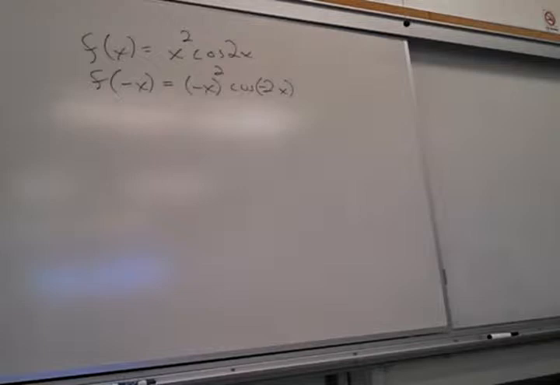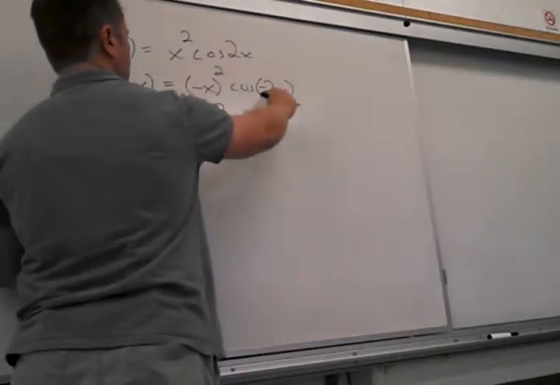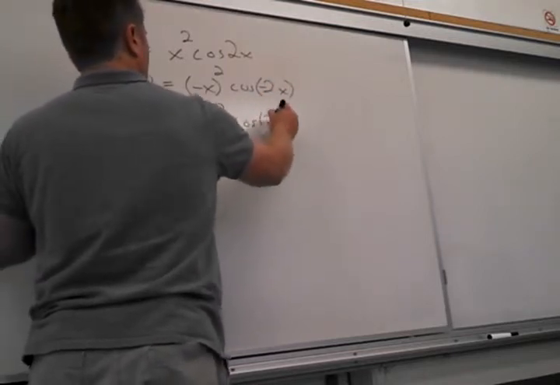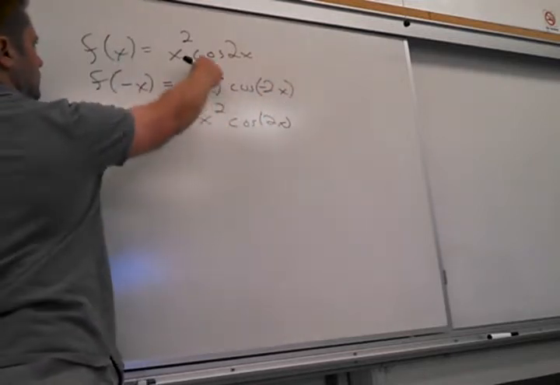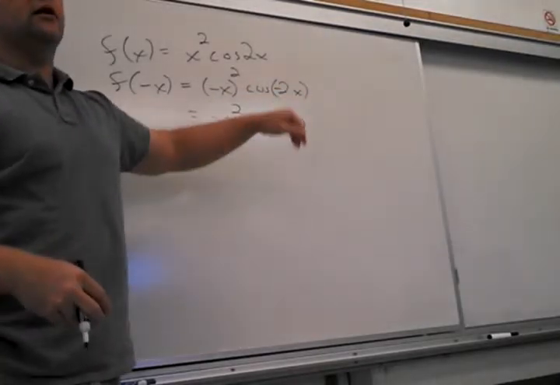So negative x squared is still just x squared. Cosine of negative something is cosine of that thing. So is this the exact same as it used to be? Yes, therefore it is even. How is it still even with the cosine portion? Because what is cosine itself? Cosine is even. So in a way it makes sense. You have an even function times an even function, and that's going to come out even.